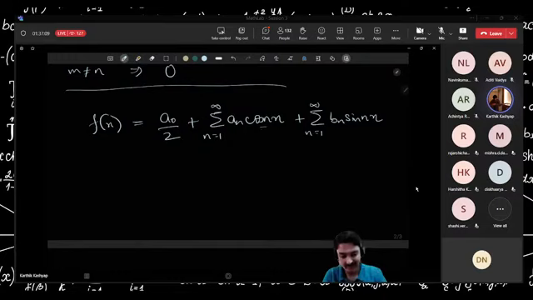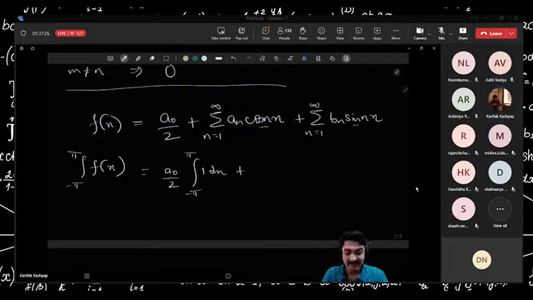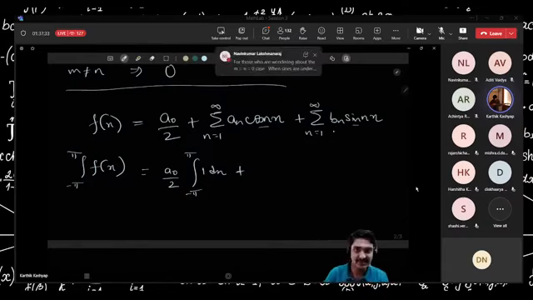So here, as n is not equal to 0 and this is anyway 0, we can just integrate on both sides from minus pi to pi. If we do that, the integral from minus pi to pi of f of x is, a0 by 2 is constant, so we can just write it outside, integral of 1 dx from minus pi to pi. And all the ans are constant, all the bns are constant. So we can just take the integral inside the summation for each cos and each sine term.